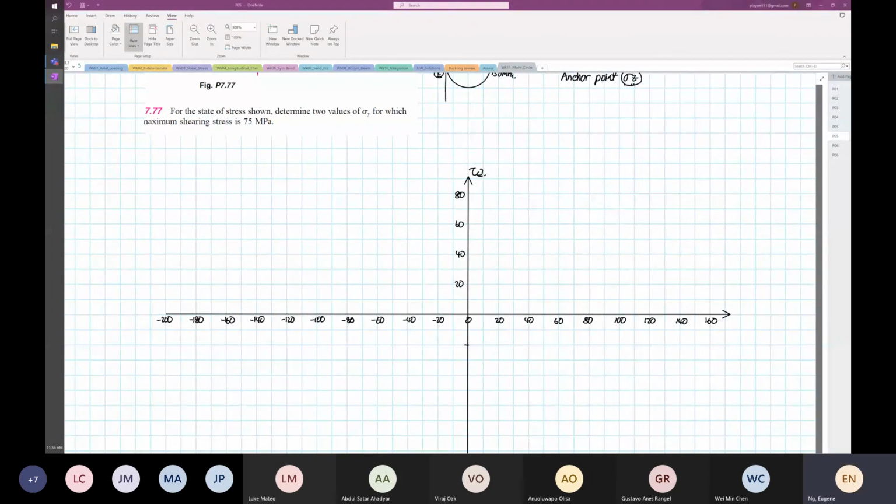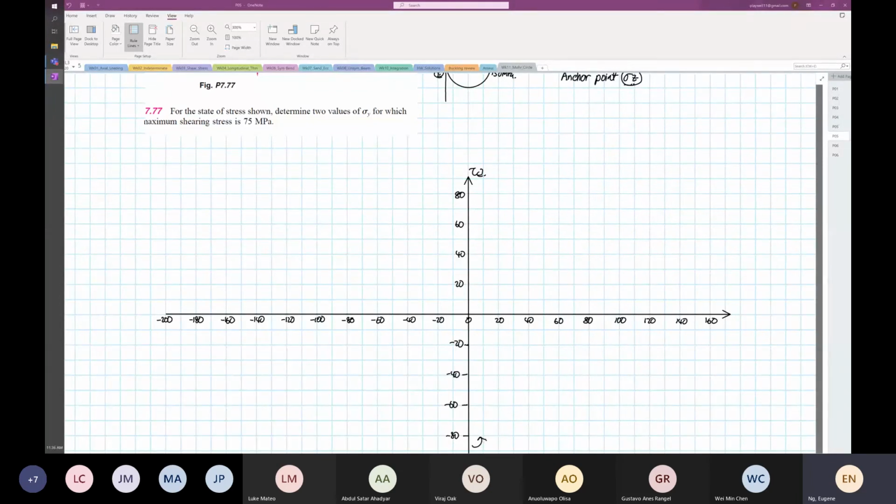Then minus 20, minus 40, minus 60, minus 80. Okay, so the element rotating anti-clockwise.